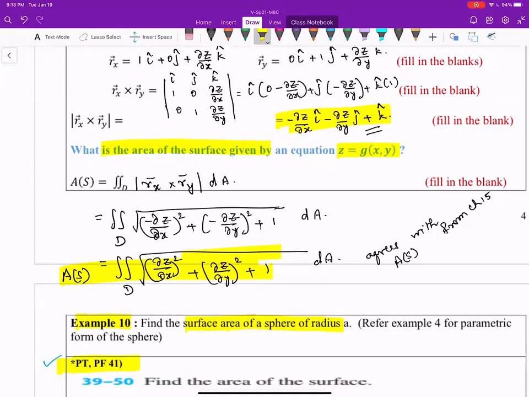So in this one, we are going to do it the Calculus 3 way, by means of a parametric representation of a sphere and finding the area. You already know the surface area of a sphere is 4 pi radius square. That is a formula that we will arrive at through the formula that we derived for the surface area of a surface through parametric representation, which will be shown in the next part of the video, part D of this section.